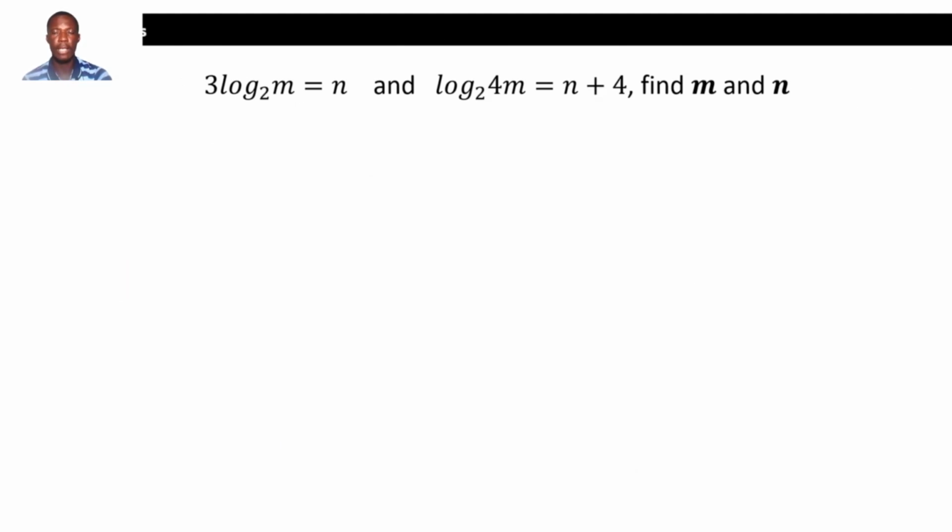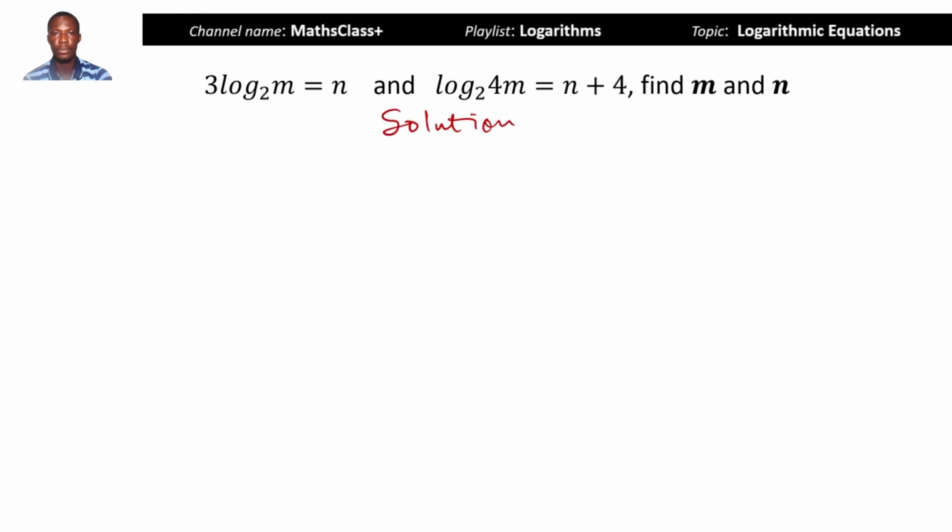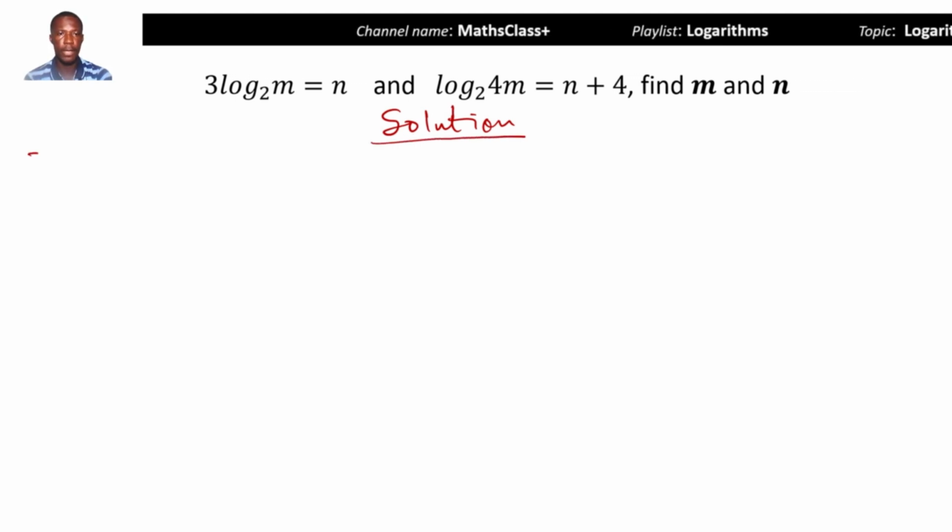So we have another example. 3 log to the base 2 of m is equal to n. And then log to the base 2 of 4m is equal to n plus 4. We have to find m and n. So our solution: you have 3 log to the base 2 of m is equal to n.